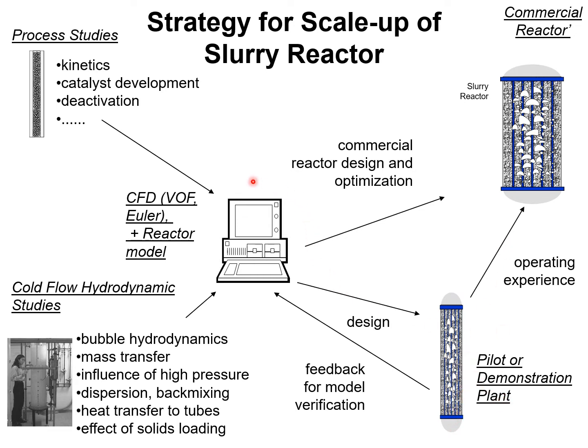So a combination of CFD investigations coupled with pilot plant or demonstration units could be used to develop the design and scale-up rules for the commercial scale bubble column slurry reactor for Fischer Tropsch synthesis.